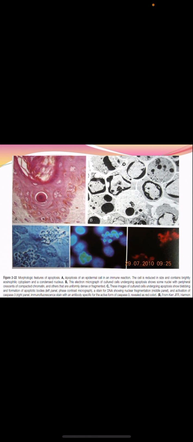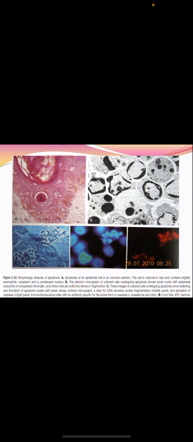This is a photograph. In the first photograph, the epidermis is showing a cell which has undergone apoptosis. Here you can see the cell size has shrunk and there is increased eosinophilia and apoptotic bodies.